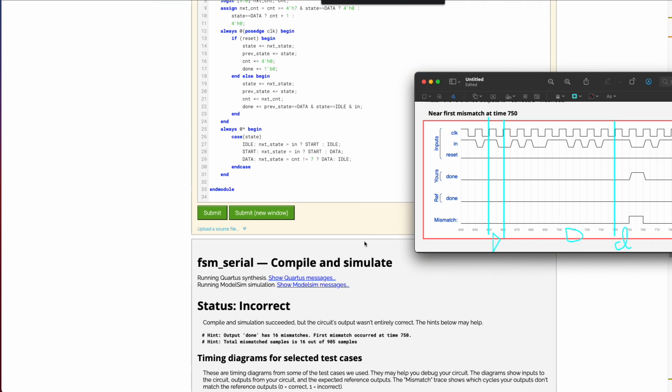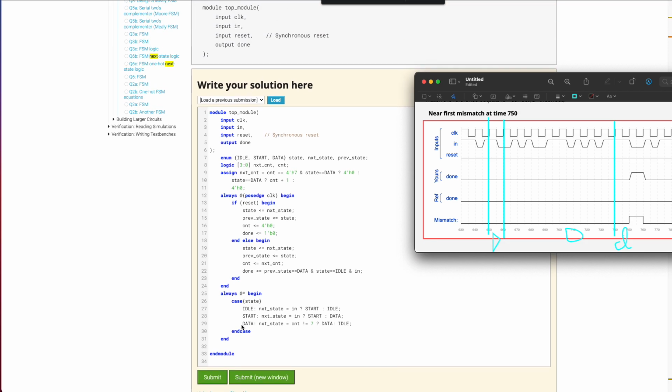But if that's the case, then in the previous cycle, the next state is idle and the current state is data. But then that can only happen if count equals 7, right?